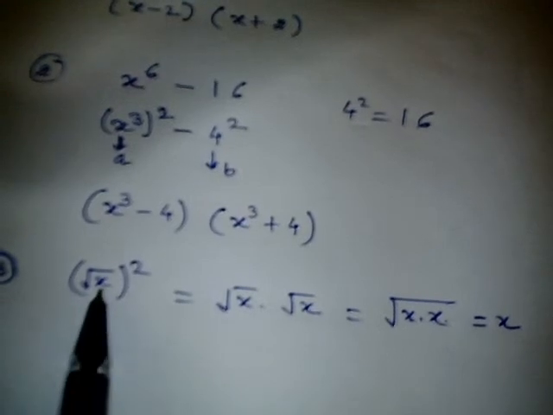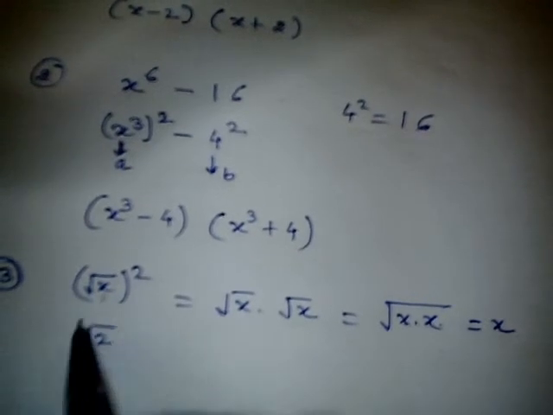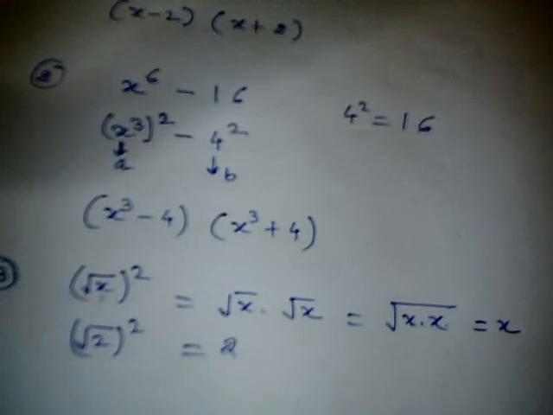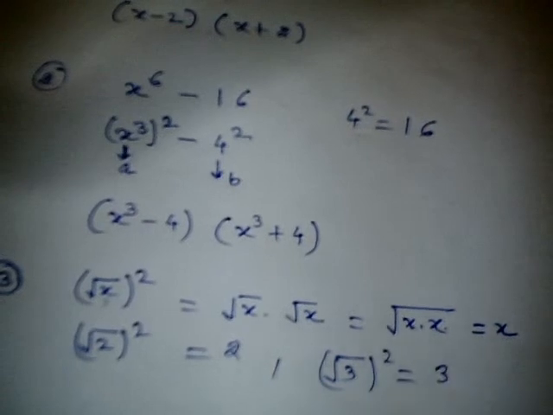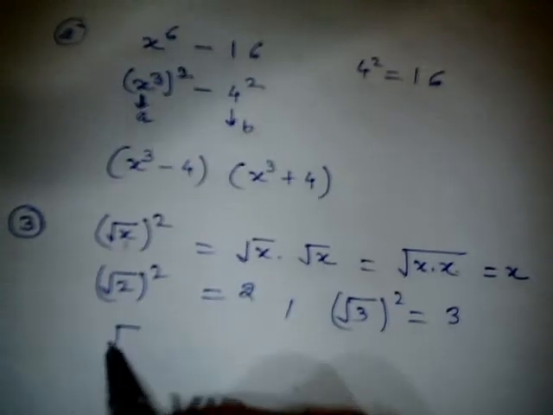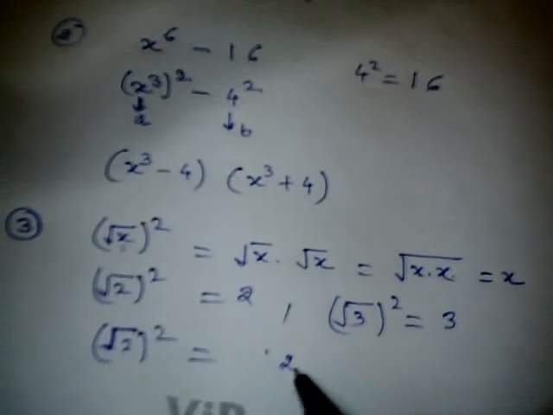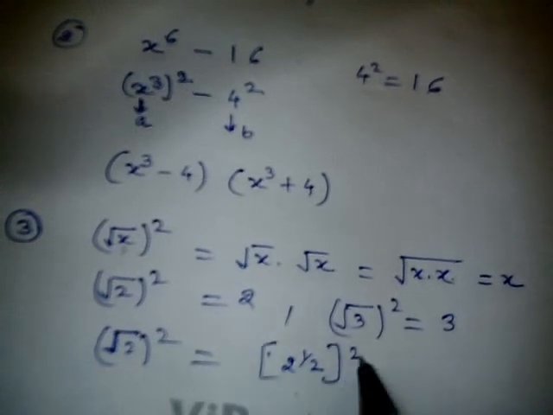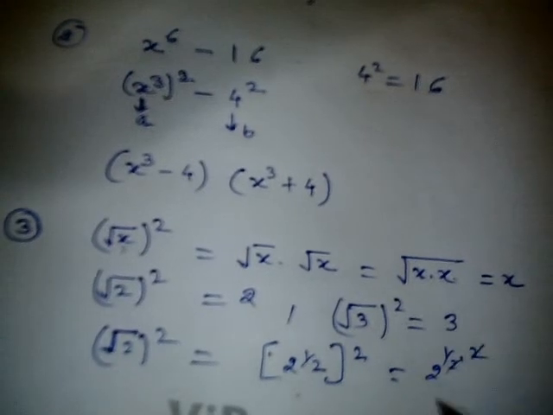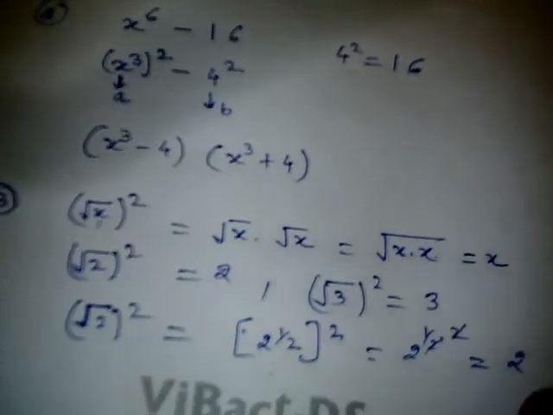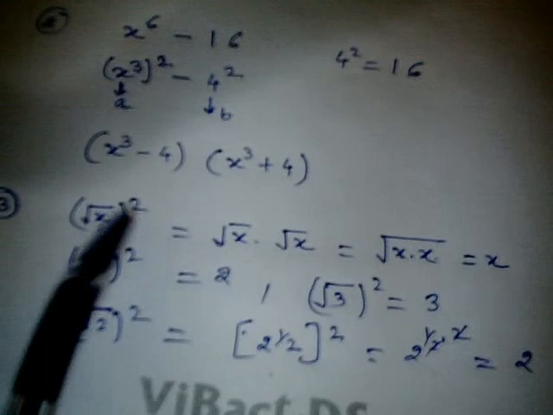If I write root 2 square, that is going to be 2. If I write root 3 square, that's going to be 3. How does it come? Root 2 means 2 to the power half, and the outside power is 2, so the powers get multiplied, half times 2, and it comes to 2. In simple terms, whenever you square a square root, the square root sign goes away and exactly the number inside comes out.